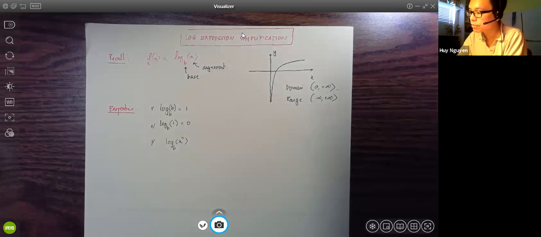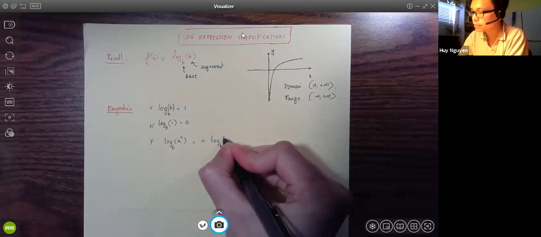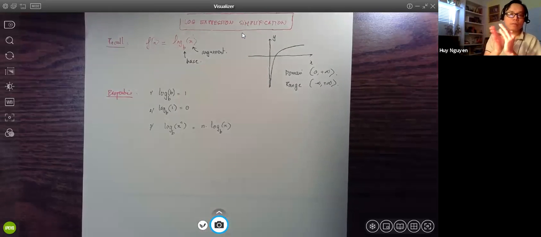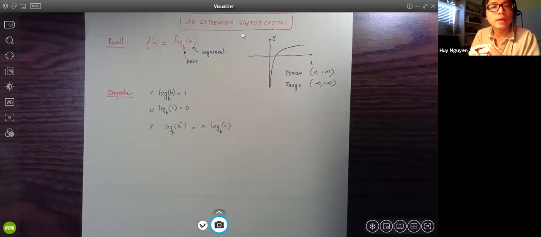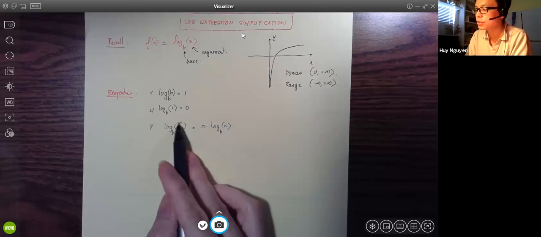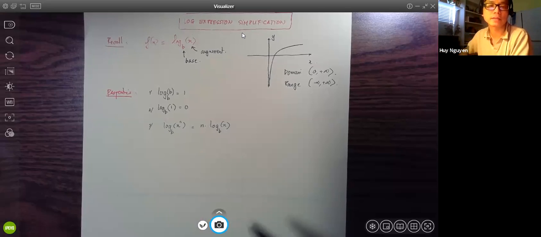Then this turns out to be n times log base b of x. So in this formula, the argument is x raised to the n power. The base is still b. Then I can drop down the exponent to the front and become n times log base b of x.